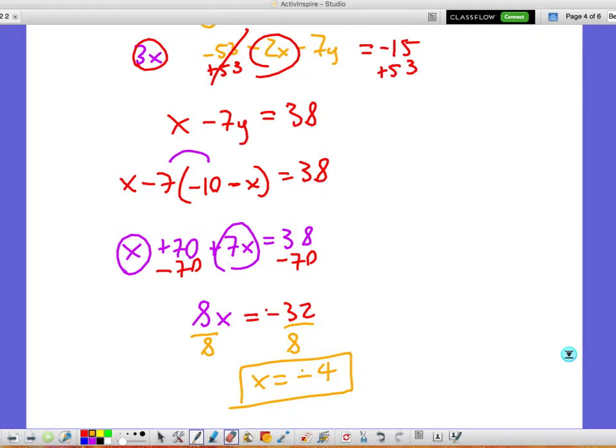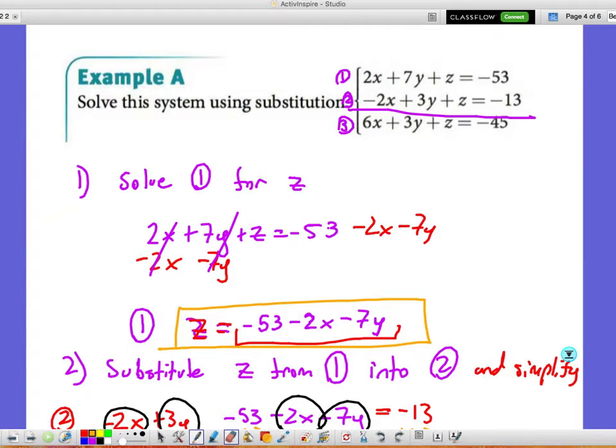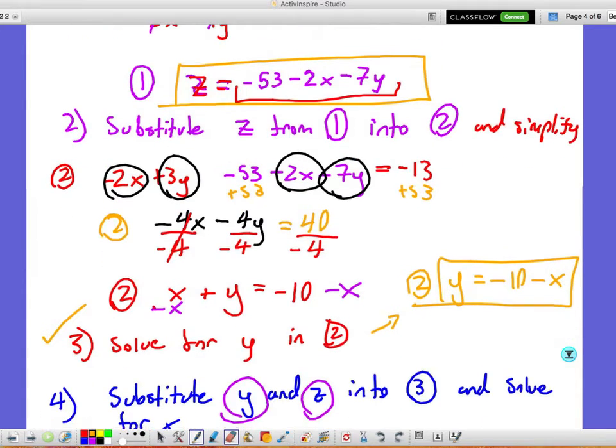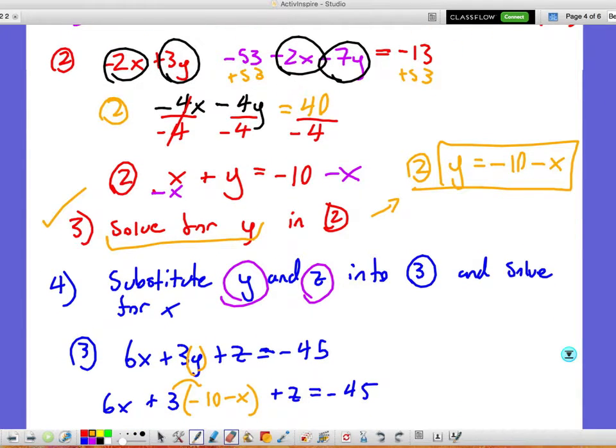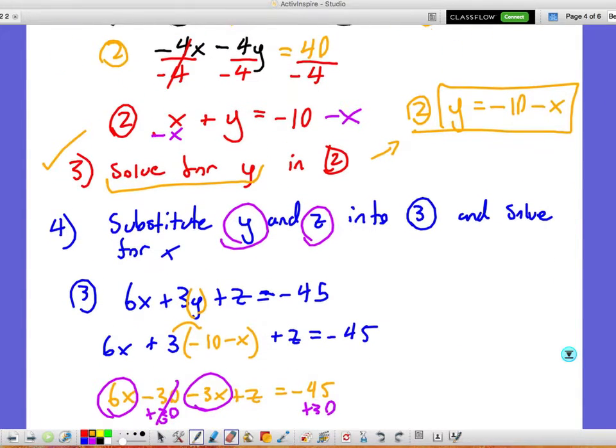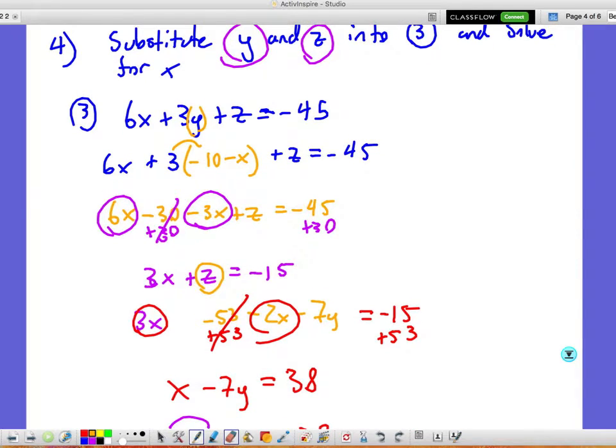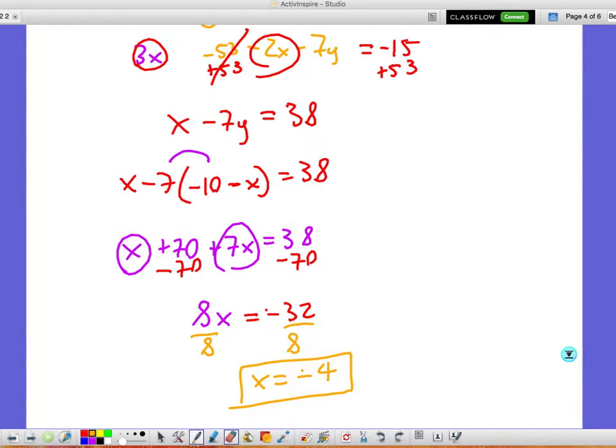Let's look at the steps that we followed here. We first solved for z, and then we had to substitute z into the second equation. Once we did that, we simplified and we solved for y. When we solved for y, we took y and z and substituted into the third equation, and we finally solved for x.